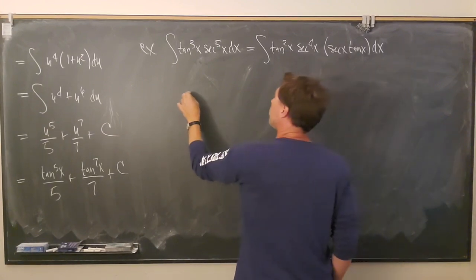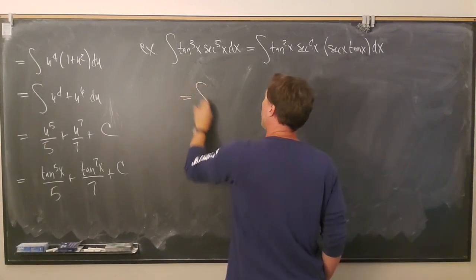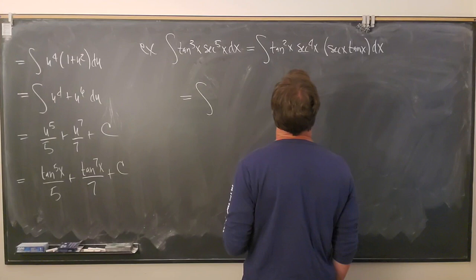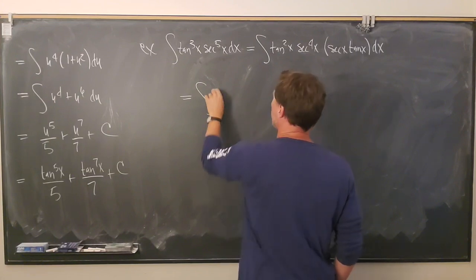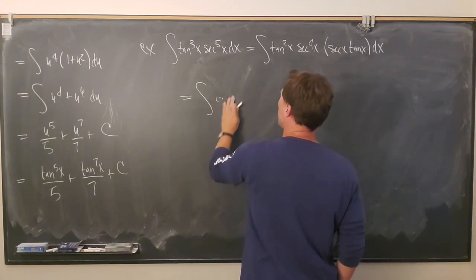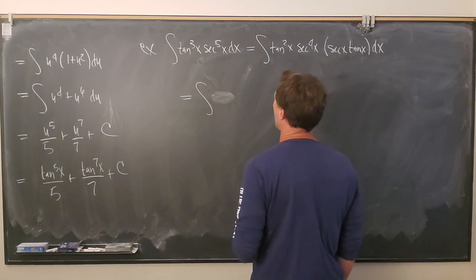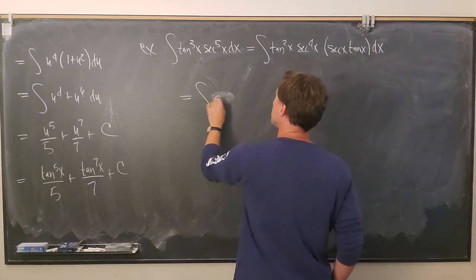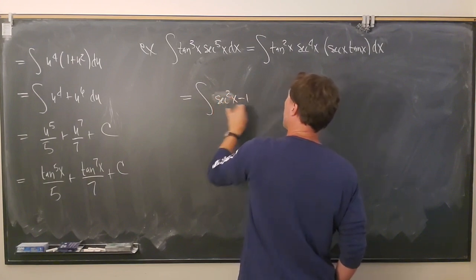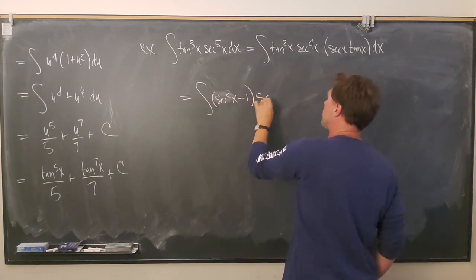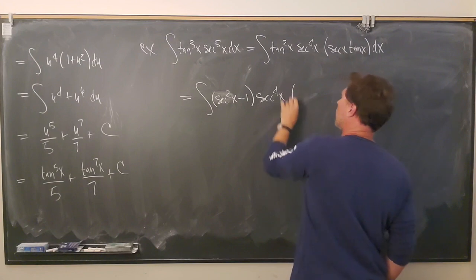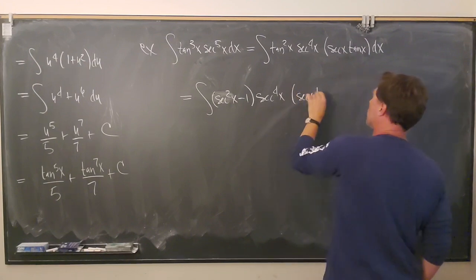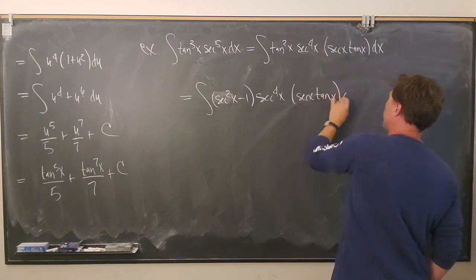Next step, I need to apply the identity. So we have, what do we have? Tangent, sorry. Identity number 4 tells me that this is equal to secant squared x minus 1, and then we have a secant to the 4th x, secant x, tangent x dx.